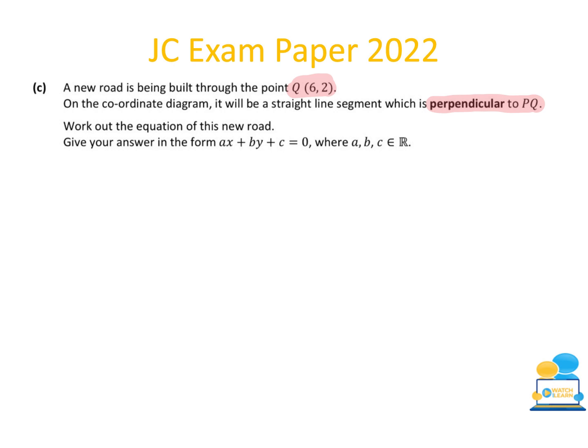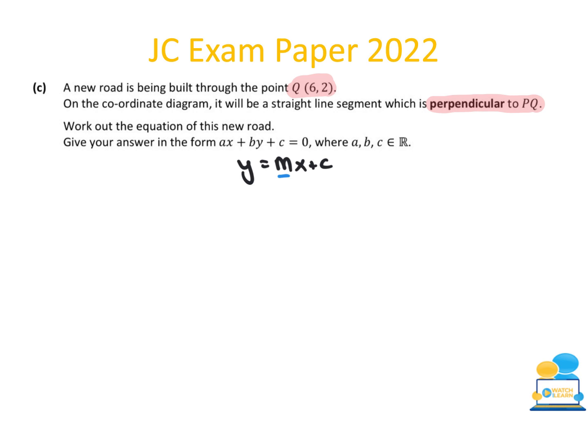If we want to make an equation of the line, we need to have a point on the line and we need to have the slope of the line as well. We already have the point, so now we need to figure out what is the slope. In the previous question, we rewrote the equation of the line for PQ in the format y equals mx plus c. So we already figured out what the slope of the line PQ was when we wrote the equation of the line in this format. That was whatever value m was.